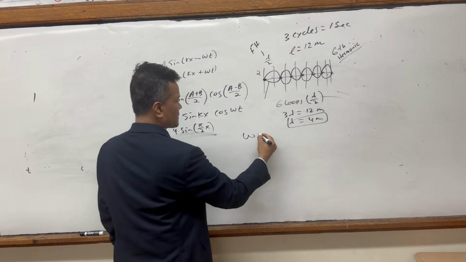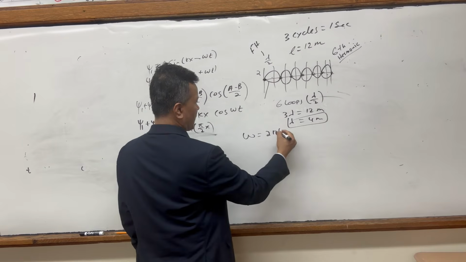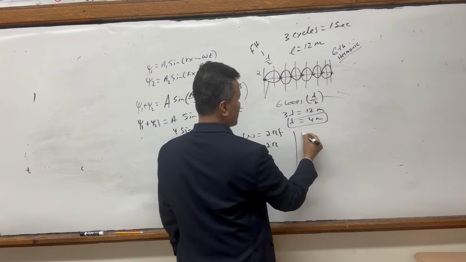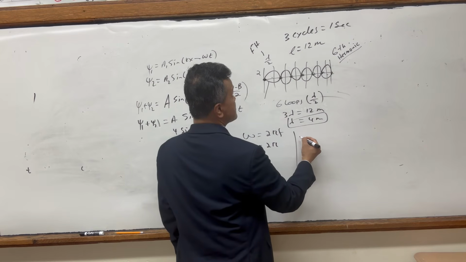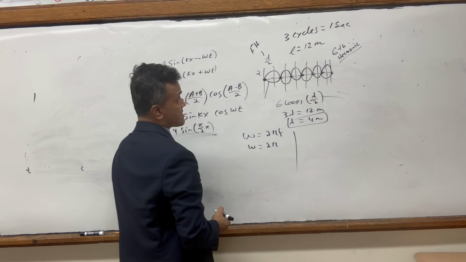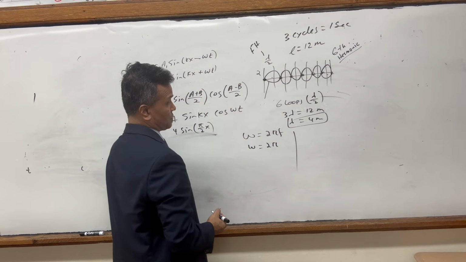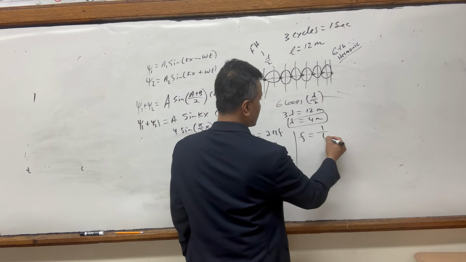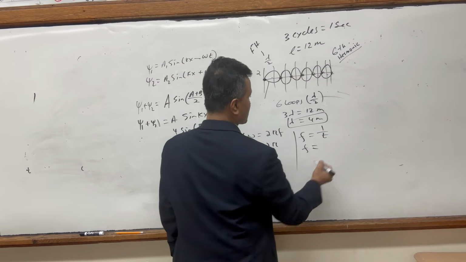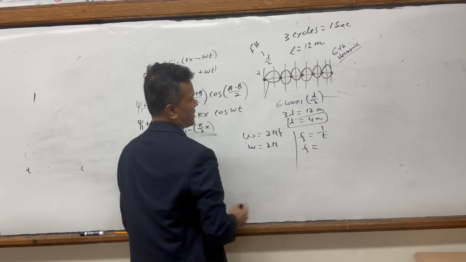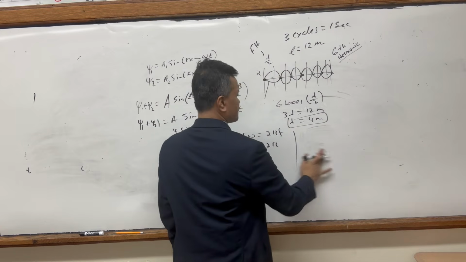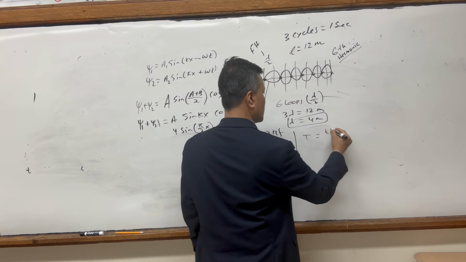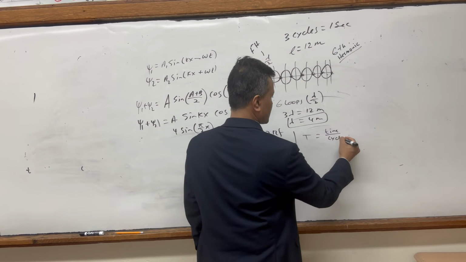Now, omega is equal to what? 2 pi f. What is the frequency? Frequency is 1 over the period. The period is the time for one cycle.